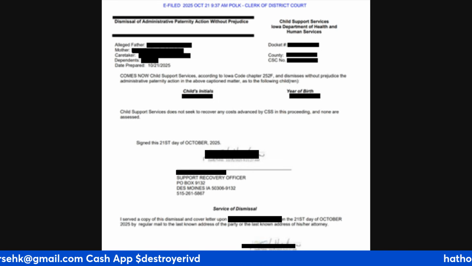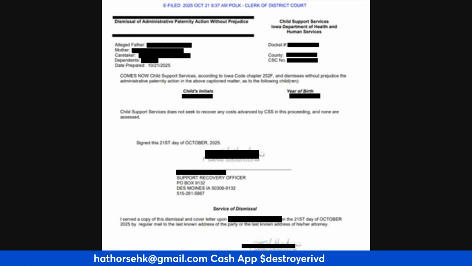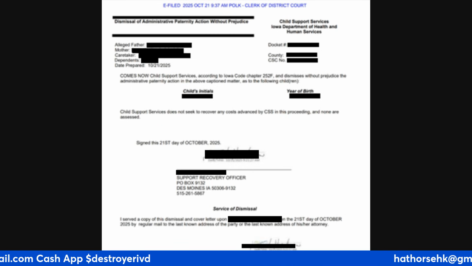So in other words, they wanted him to come in and voluntarily acknowledge paternity. And what we did was we took the information that I just showed you and we applied that information. And 1 week later, he got a dismissal.